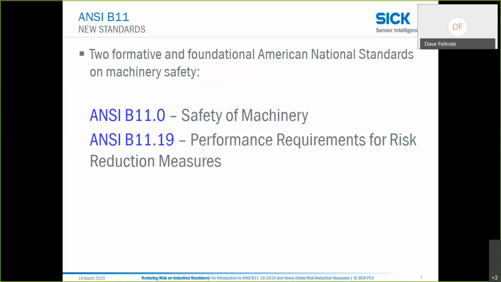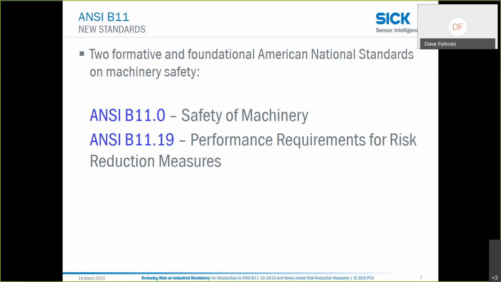It, in effect, was last significantly revised in 1995. So contrast that with B11.0, which is a 2020 standard. The other major difference is that it is much more comprehensive than the 12100 standard, dealing with not only legacy machines, but it also deals with user requirements, whereas the 12100 standard is silent on both of those.